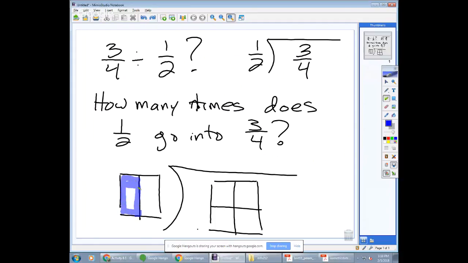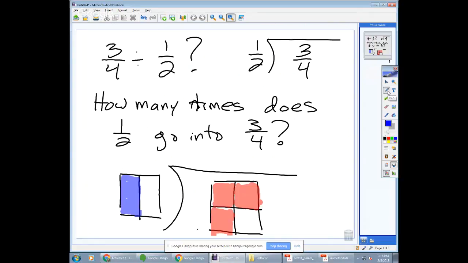Here's my 1/2, and then 3/4. Okay, that's my best coloring between the lines today.